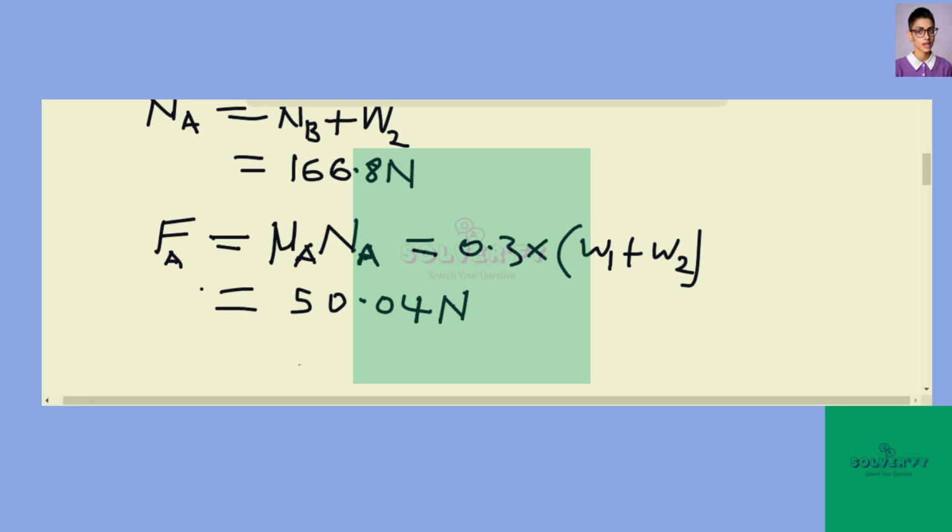Now we can look for the tension T2: it is FA plus FB, so when we add them we arrive at 86.84 Newton.